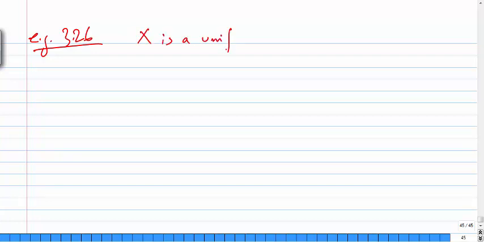Now let's do another example, 3.26. This example says suppose X is uniformly distributed over the given interval, that is -1 and 3, and we have a derived random variable Y equal to X squared.